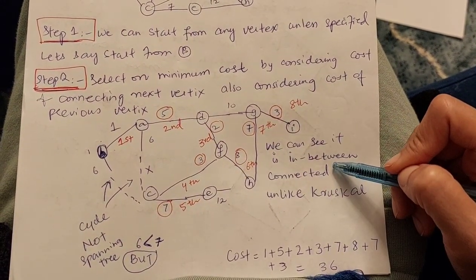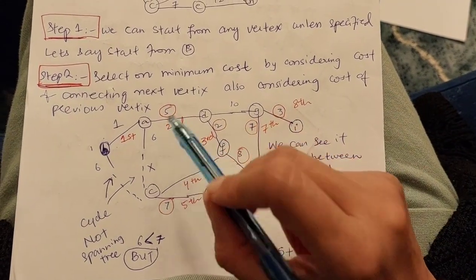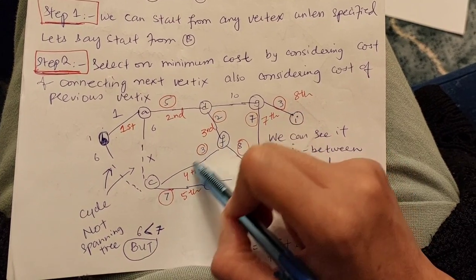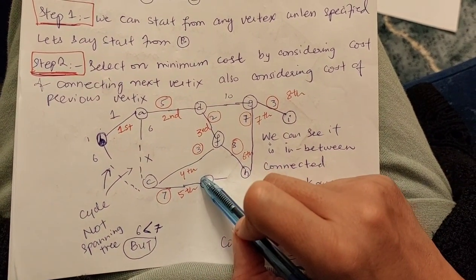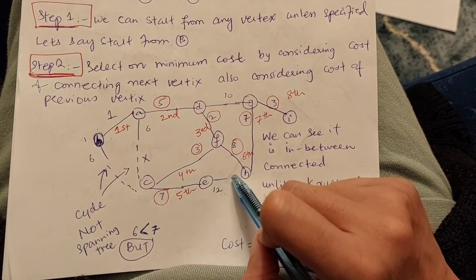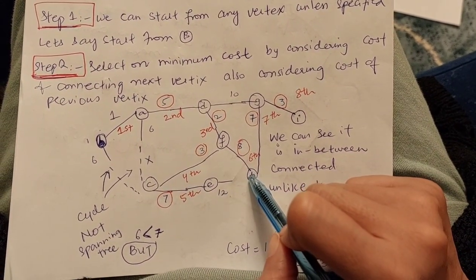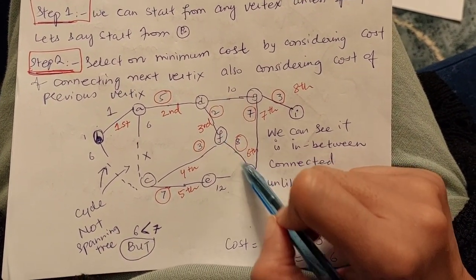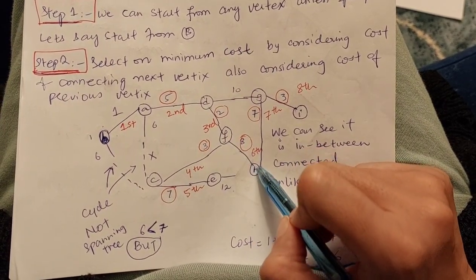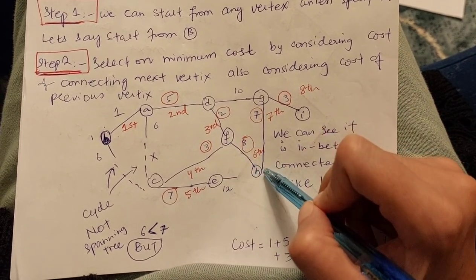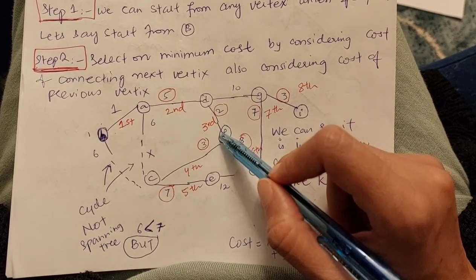But in Prim's, you see that everything is connected. In between, you made this connection, this connection, this connection, and then because of this little cyclic thing, you skipped it and went to this portion, but it is still connected. You didn't go over there. You made this connection because this was again connected.